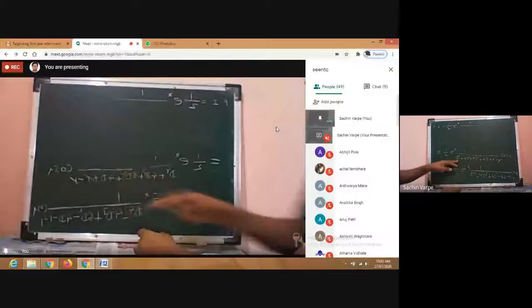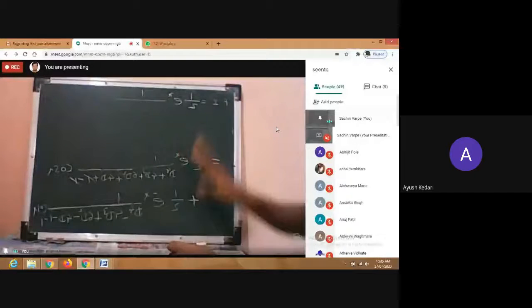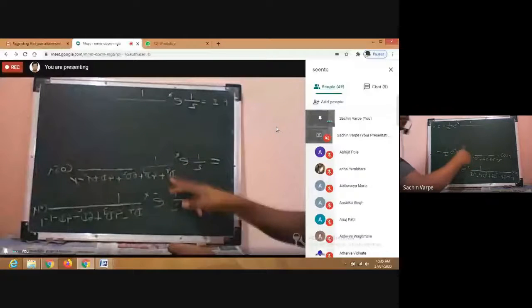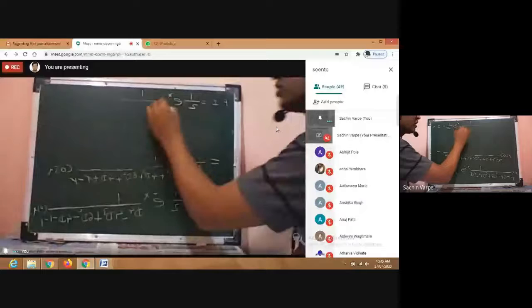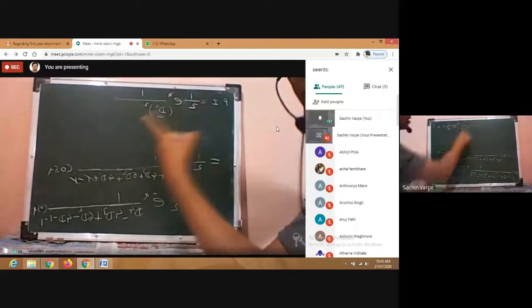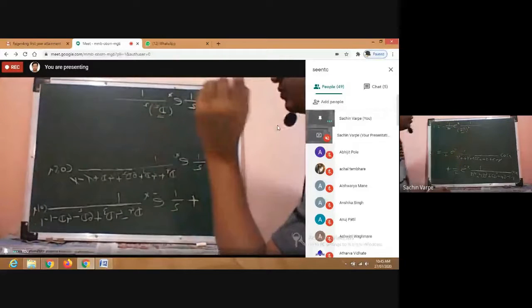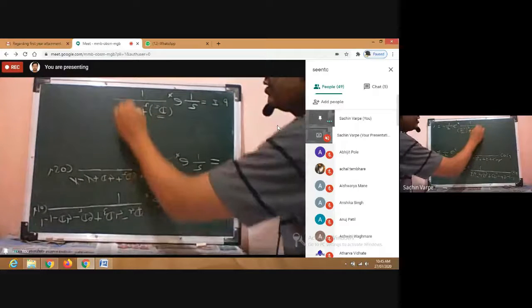So how to write D raised to 4 in terms of D square? Either D square into D square or (D square) squared, isn't it? So (D square) squared will be (minus 1) squared, because I'm replacing D square by minus 1, and (minus 1) squared will be plus 1, plus 4 D into D square.